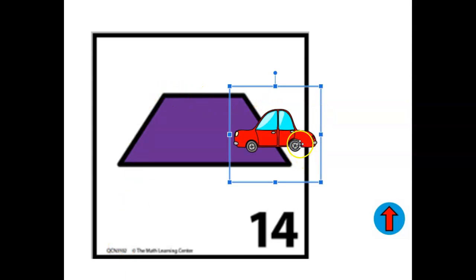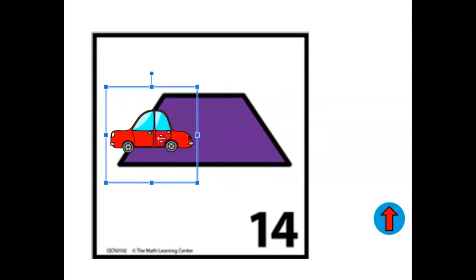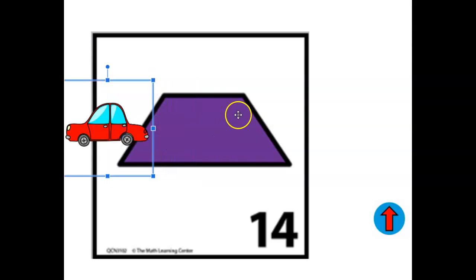If you were in a car and you were going in between this pair of parallel lines, you could stay on the road just like this if it was a road, and you would never cross the lines.